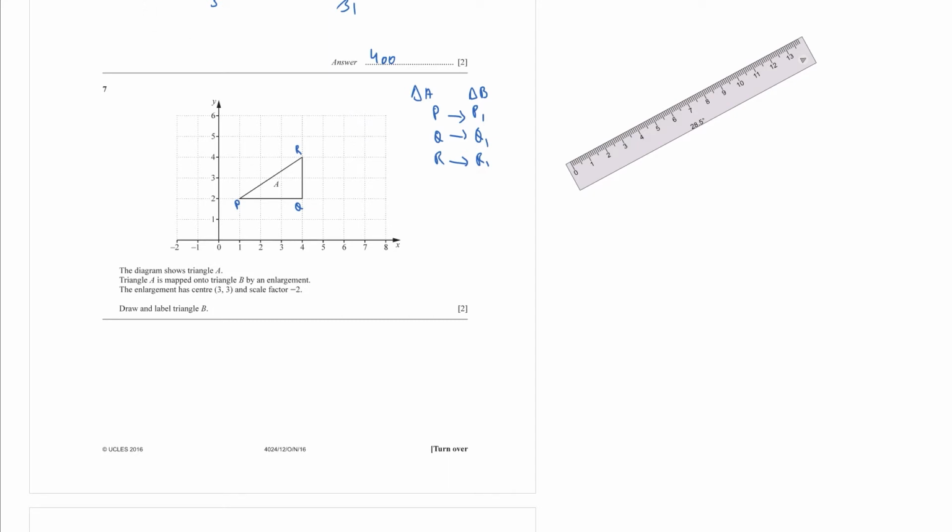So let's again mark your center of enlargement here, which is (3, 3), right? So let's assume that this is your origin and then find what's the coordinate of P. If you're starting from this point, you're moving 2 points to the left in negative x. So we write the coordinates in a column vector.